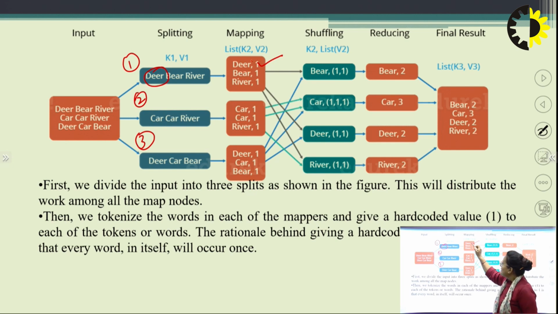These are the keys: deer, river, beer, car. For the first line, deer, beer, river, we have three key value pairs: deer 1, beer 1 and river 1. The mapping process remains the same on all the nodes.